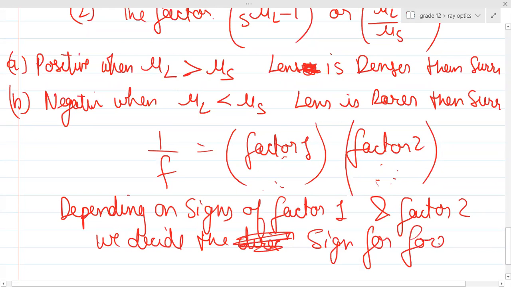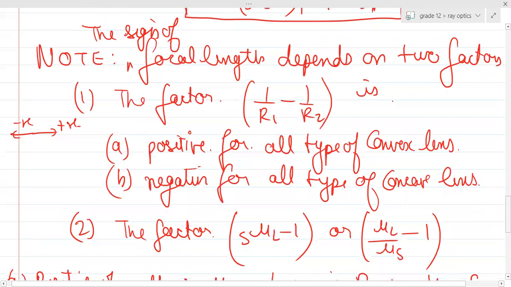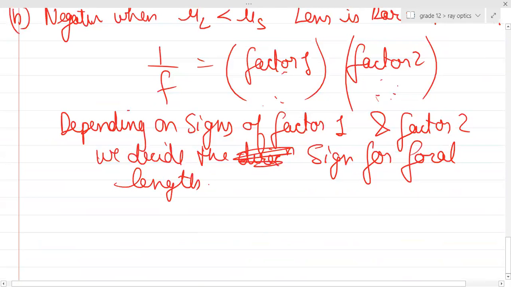Is it clear? So basically what did I talk about in this section? I talked about the magnitude, and the direction, or basically the sign of focal length. I told you it depends on two factors. So I talked about the magnitude as well as the direction. Is it clear?